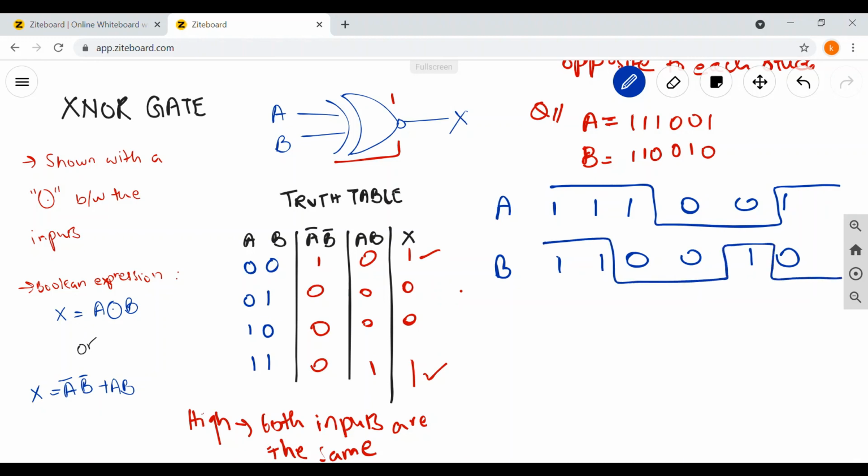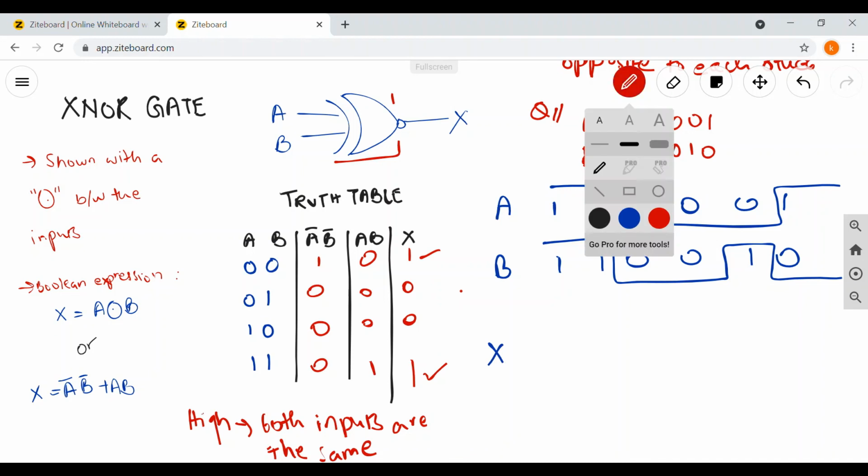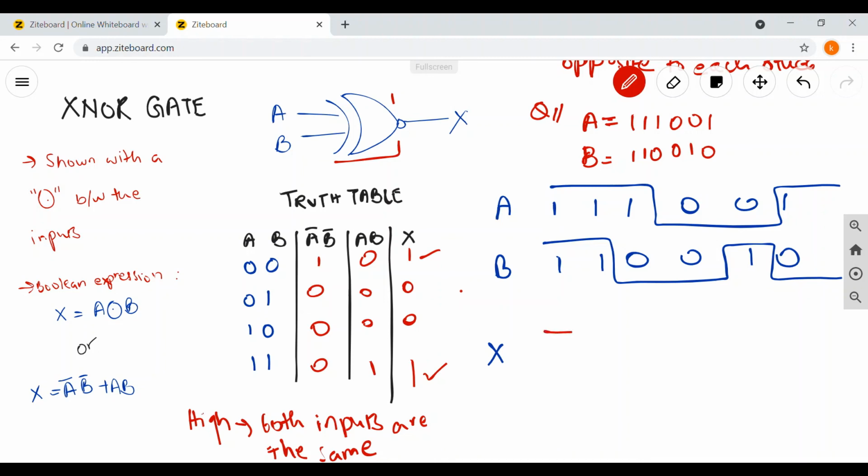Right, so the output that we're gonna get is 1 and 1. Because both inputs are the same, we're gonna get a high output. 1 and 1, both the inputs are the same, so a high output. 1 and 0, both inputs are opposite to each other, we're gonna get a low output. Both inputs are same here, so we're gonna get a high output. 0 and 1, opposite, low output.